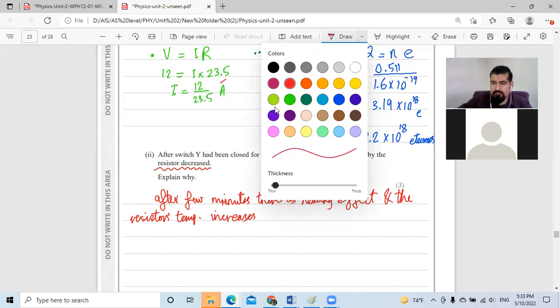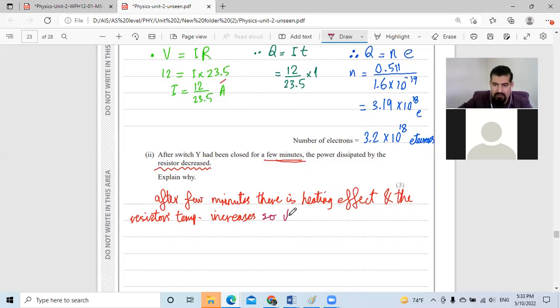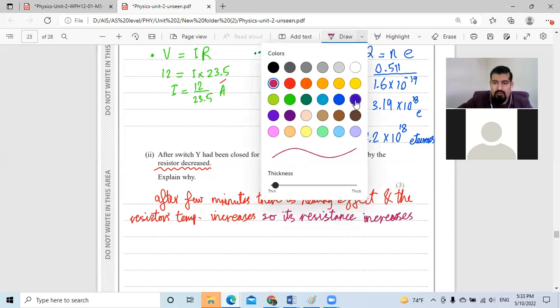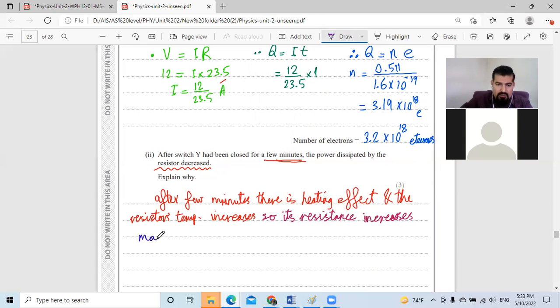So its resistance increases, making the power decrease, due to the formula.